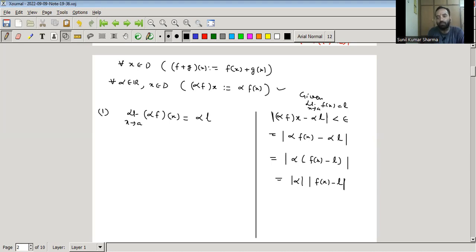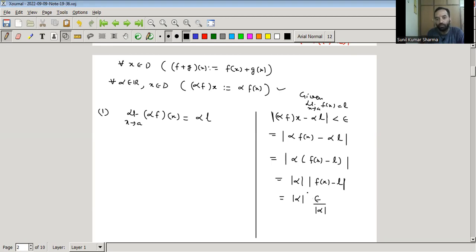Our objective is to estimate mod alpha f at x minus alpha L to be less than epsilon. So what will we choose for mod fx minus L so that we get less than epsilon? If we take mod fx minus L to be epsilon upon mod alpha, then mod alpha and mod alpha will cancel out, so we get epsilon.